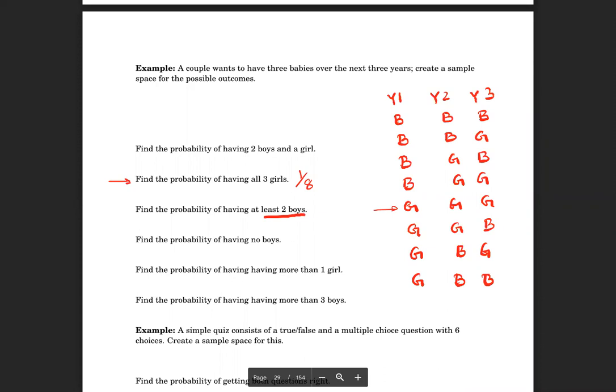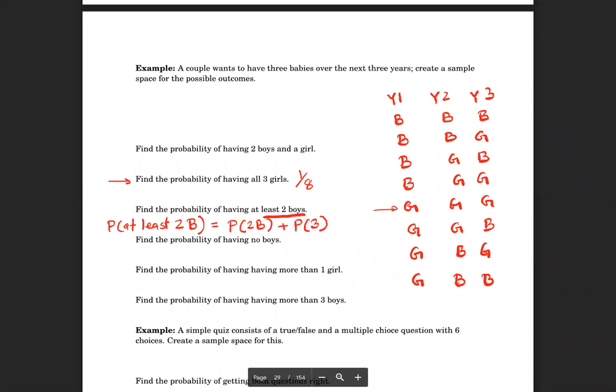Find the probability of having at least 2 boys. So this is an interesting one, at least 2 boys. Now remember, at least 2 boys means what? It could be 2 boys or more. So this in essence is the probability of 2 boys plus the probability of 3 boys.